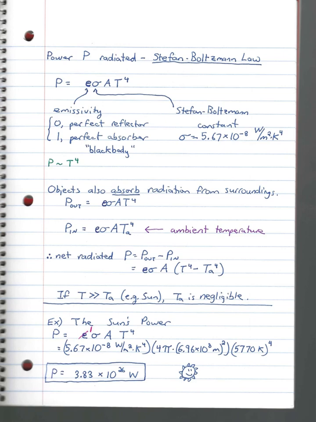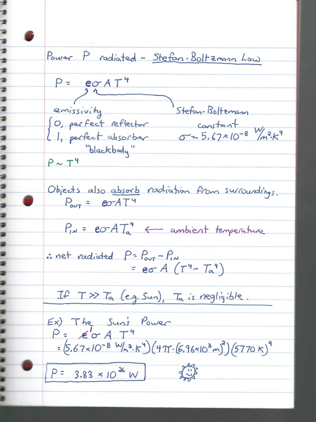Now, objects also absorb radiation from their surroundings. If an object is cooler than its surroundings, then the same equation will come into effect. So for an object, P out, the power out, is E times sigma A T to the fourth. Power in is E sigma A times the ambient temperature, which is the temperature of the surroundings, to the fourth.